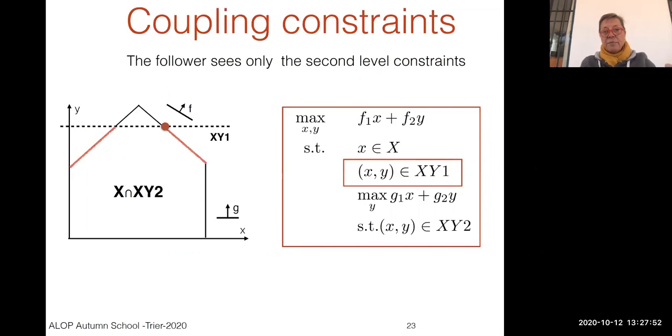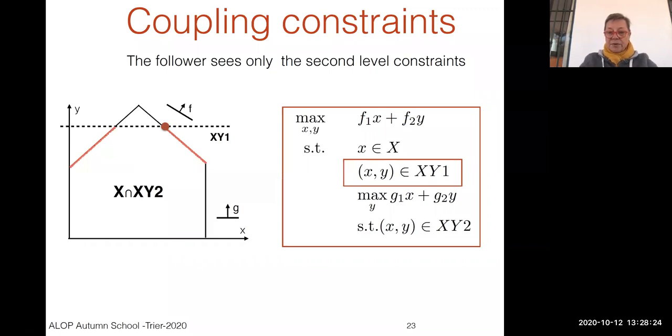And if you have coupling constraints, the inducible region may be disconnected. But it is always the union of some faces of the polyhedron corresponding to the high point relaxation, okay? And in addition, the optimal solution of the problem is a vertex of the high point relaxation, okay?